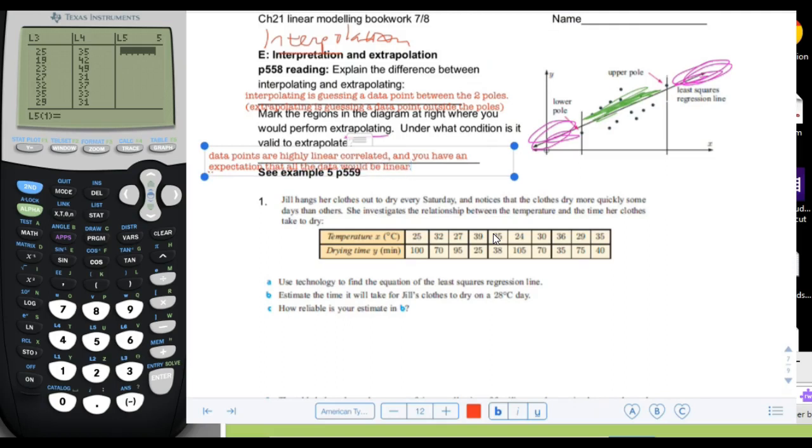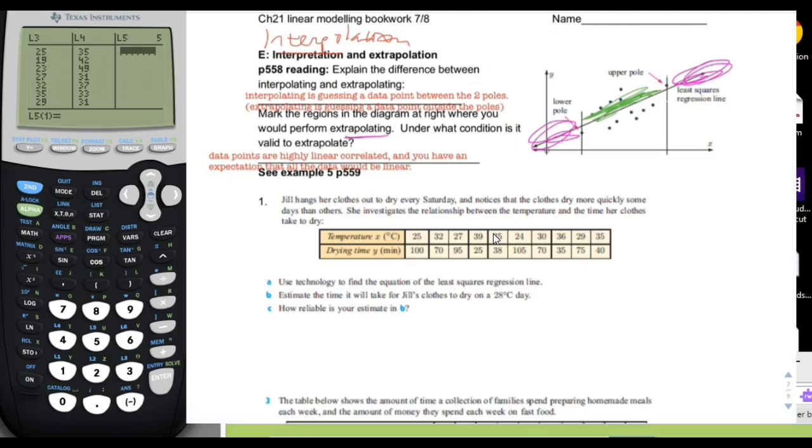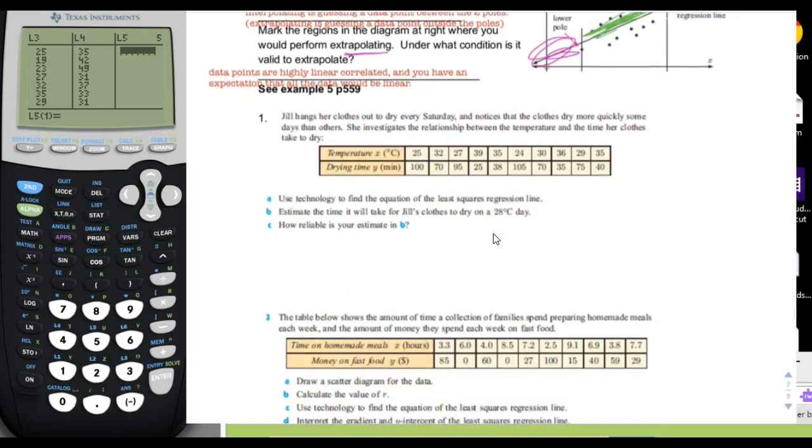So if for some reason, based on the phenomenon that you're measuring is a linear phenomenon, then maybe you can expect the pink regions to also be linear, and then you'll be able to extrapolate based on your cloud of points. Okay? All right.